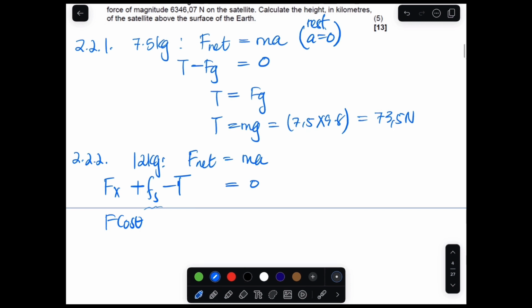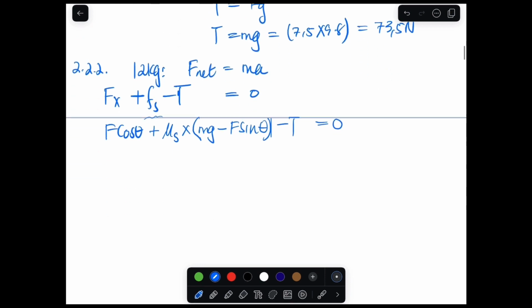No. So the frictional force will be plus mu s times the normal force. Guys, remember I've mentioned above, it's going to be Fg, which is mg, minus the Fy, which is F sine theta, minus T equal to 0.